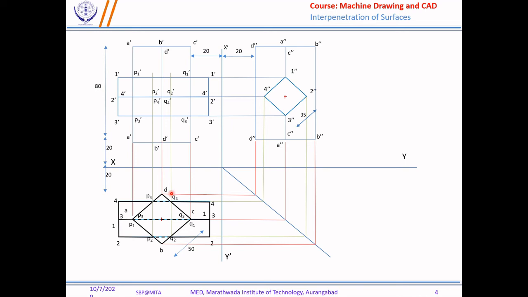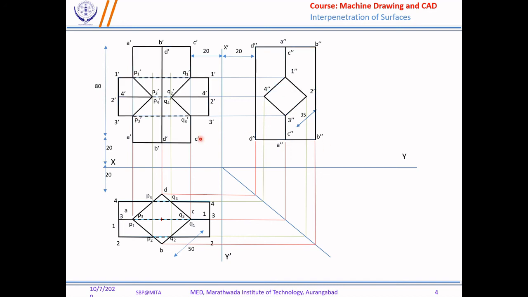These points need to be projected in the front view to get the correct intersection points there, as P1 dash, P2 dash, P3 dash and P4 dash, as well as Q1 dash, Q2 dash, Q3 dash and Q4 dash. To get the correct front view for this penetration, we join P1 dash with P2 dash, P3 dash with P4 dash, Q1 dash with Q2 dash and Q3 dash with Q4 dash.